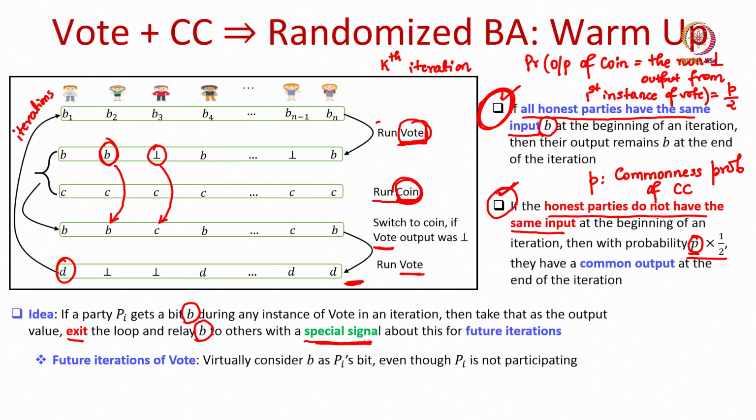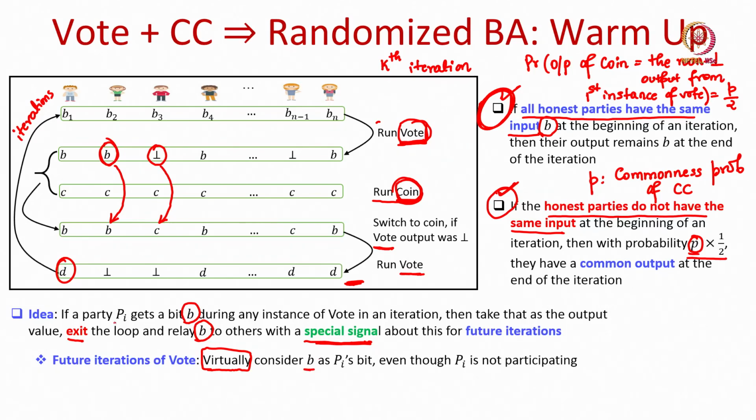This will be a signal for every other party that pi is participating virtually, that means there will not be any message coming from pi, but on behalf of pi everyone would take the bit B as the message coming from pi in the future invocations of vote.